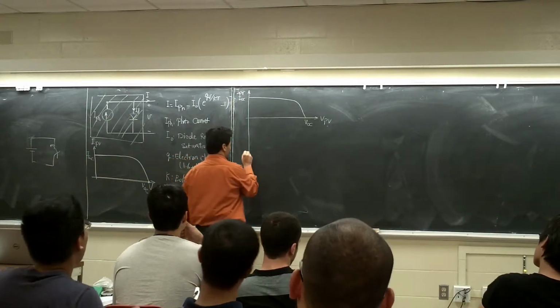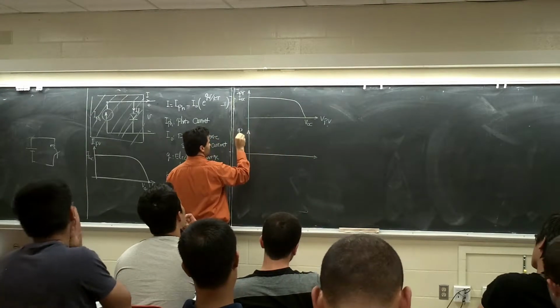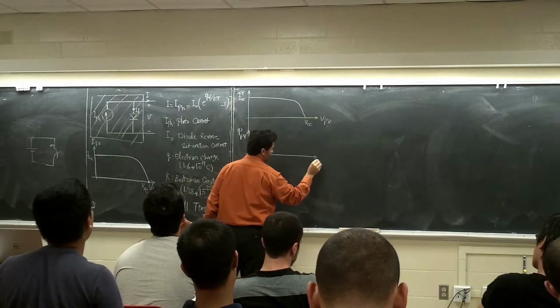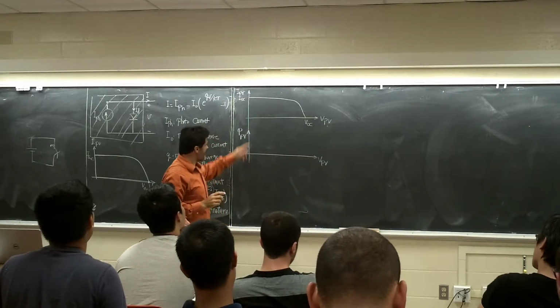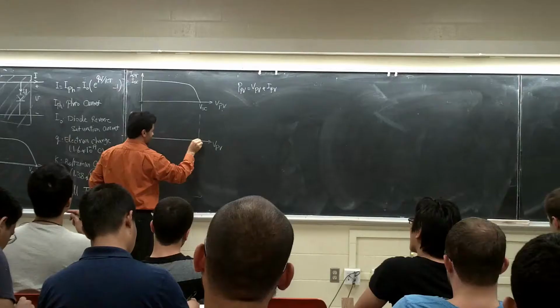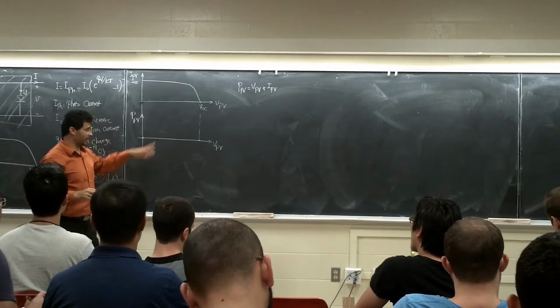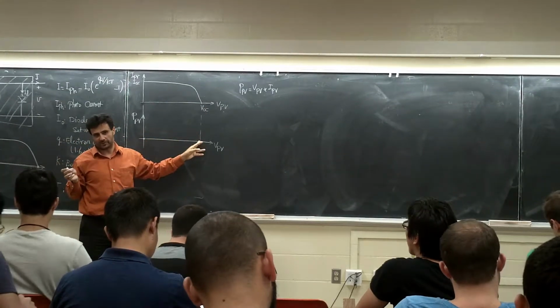Now, let's look at the output power. How much is the power at this point? Current is 0 here, voltage is the maximum, but still the P is going to be 0, right?